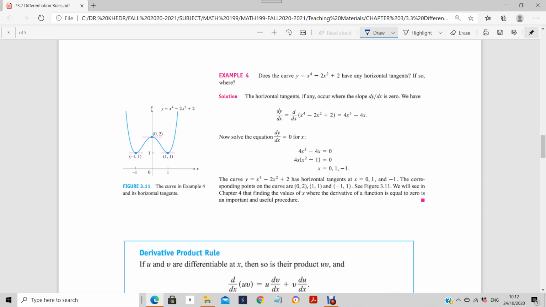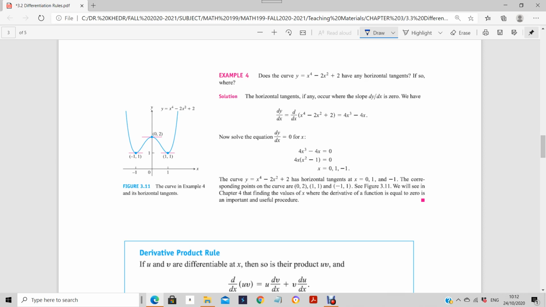So to answer this question, you need to first find the derivative of this function y. By applying the rules which we learned just now, you need to find the derivative of each of these three functions and add them together. When we say add, we include the addition and subtraction.